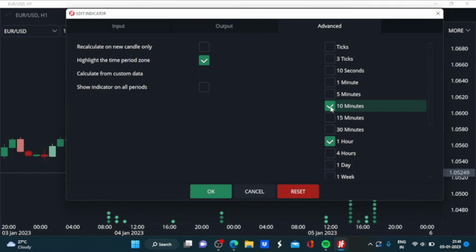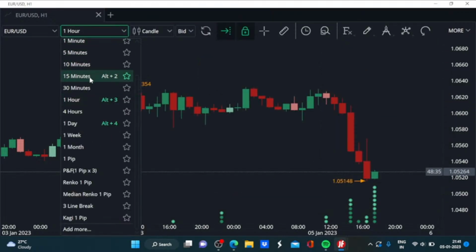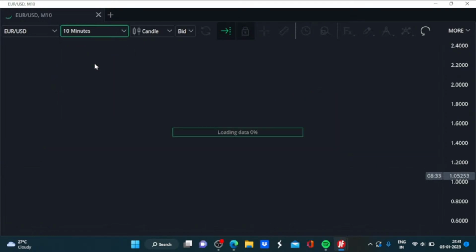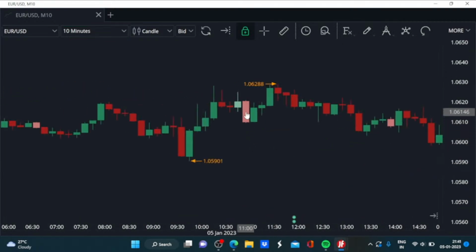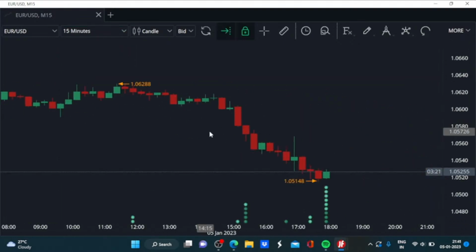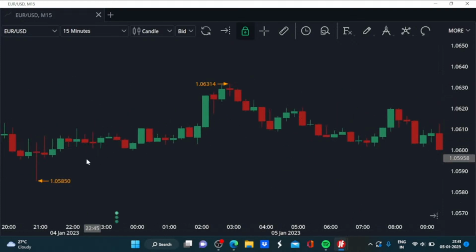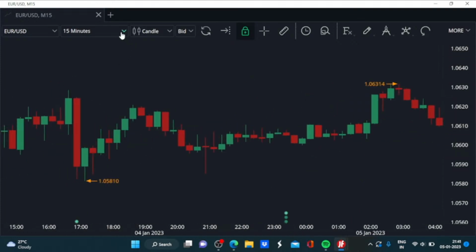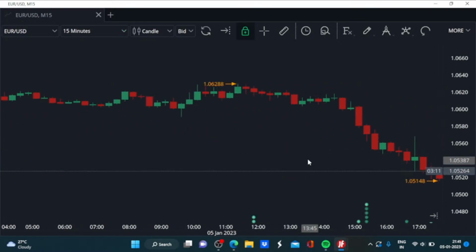So here, now that we have opted for 10 minutes and hourly, we will see the engulfing patterns being recognized on the chart only on 10-minute and hourly candle period combination. But if I change to 15 minutes or any other candle period, there is no more engulfing pattern visible on the chart. Means it is not recognized by the chart software now.